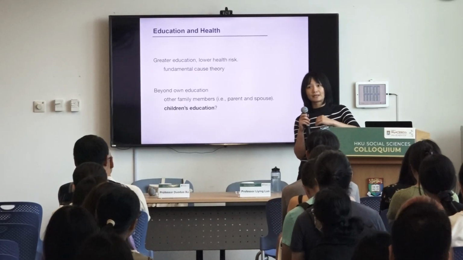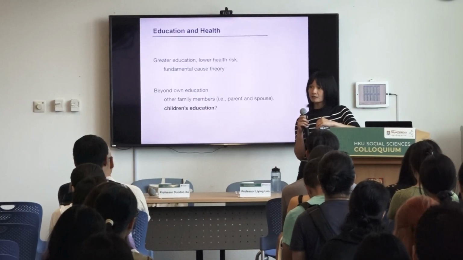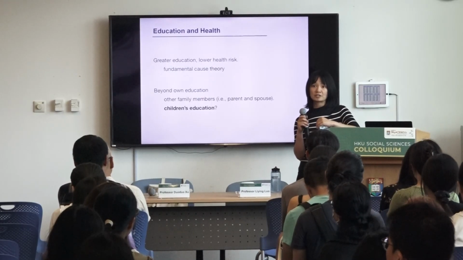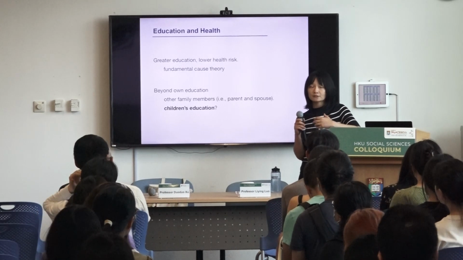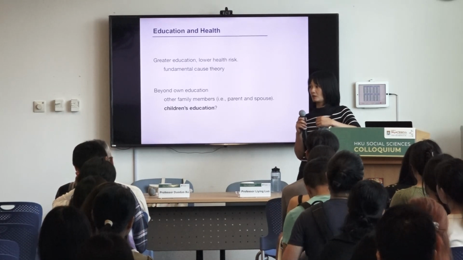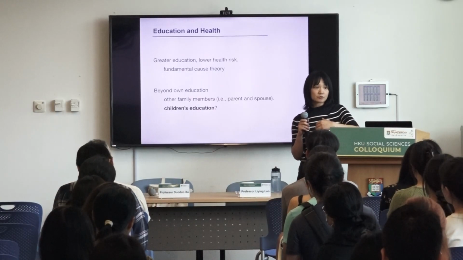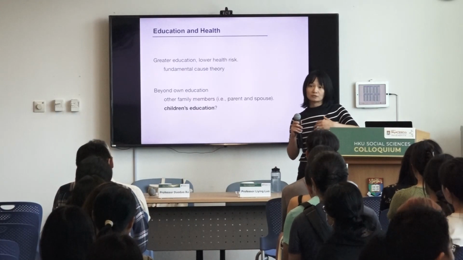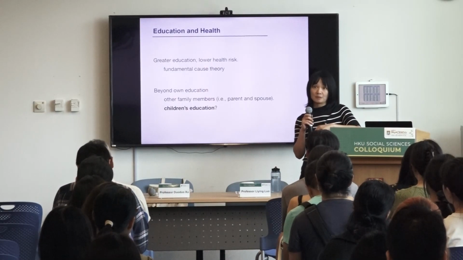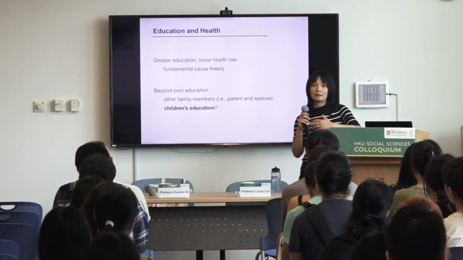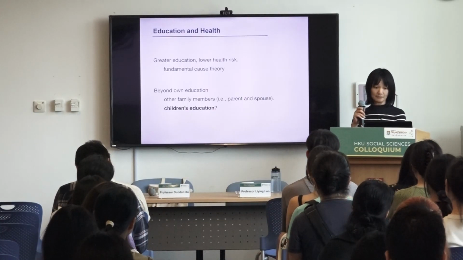For example, better educated parents or spouses may be more aware of the negative consequences of risky behaviors such as smoking and heavy drinking. So they themselves are less likely to engage in those risky behaviors. As a result, they would reduce the exposure of their spouse or children to such behaviors. So that's one way that other family members' education may have a spillover effect on family members' health.